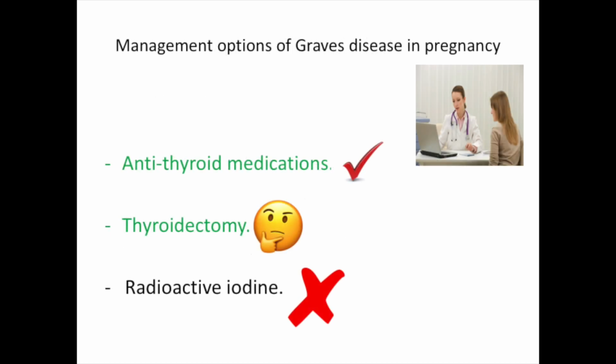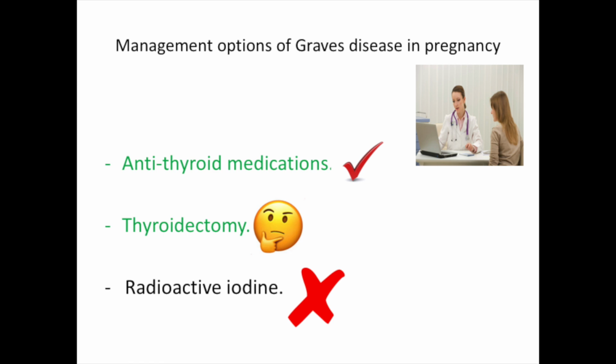Management options of Graves' disease in pregnancy. Outside pregnancy, when you want to treat hyperthyroidism or Graves' disease, there are 3 options you suggest to the patient. But in pregnancy, we cannot do that actually. Options are limited for a pregnant lady.